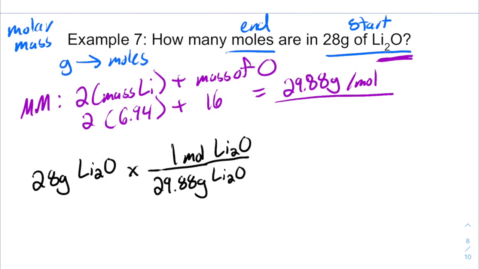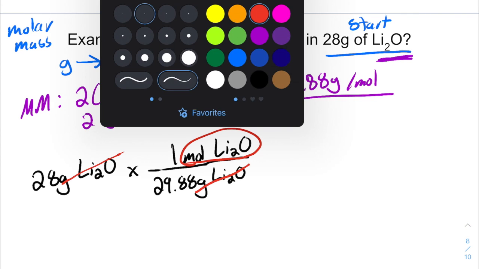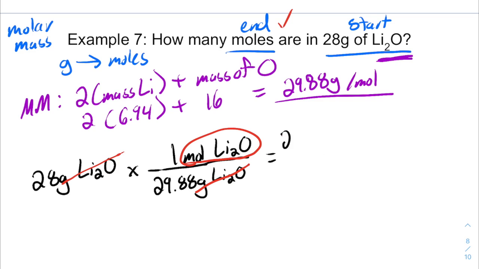Doing it this way, I can cancel out grams of Li2O, and I'm left with moles of Li2O, which is what I wanted to end with. All I have left to do then is to do 28 times 1 divided by 29.88, and this is going to give us 0.94 moles of Li2O.